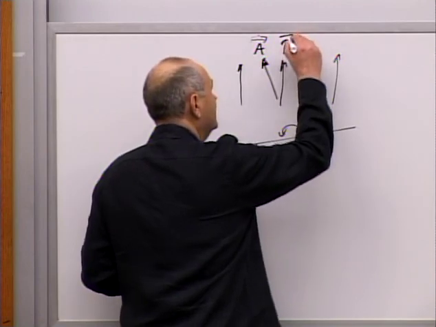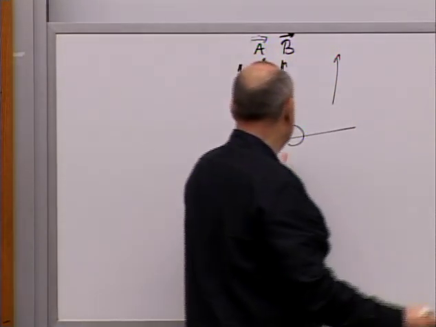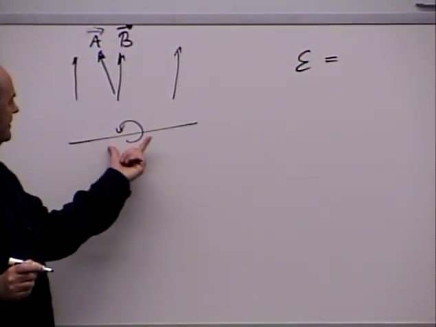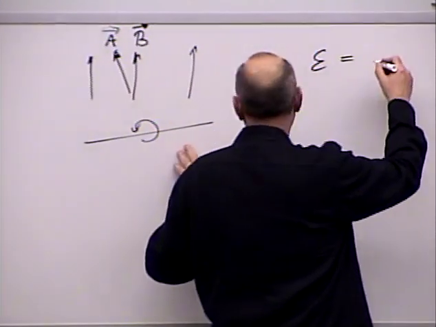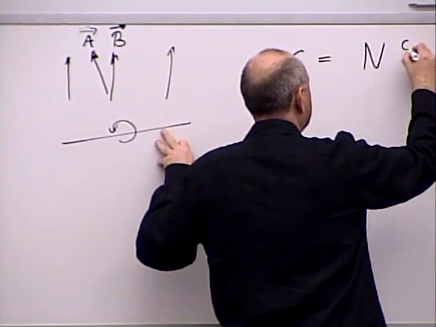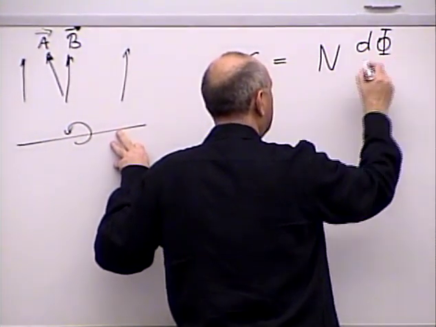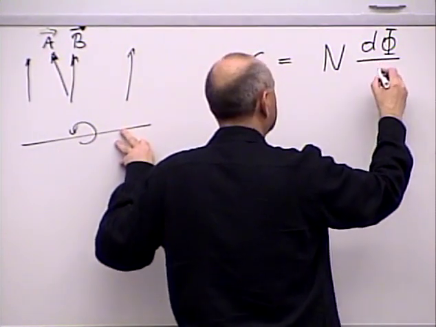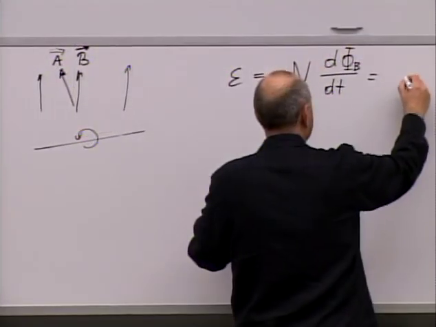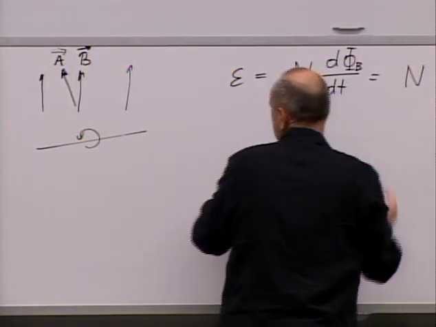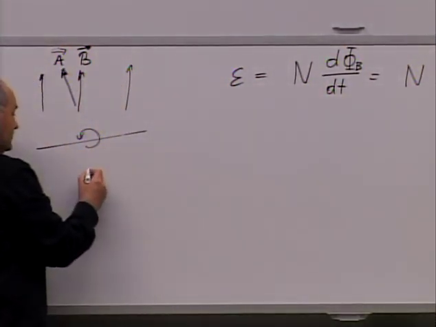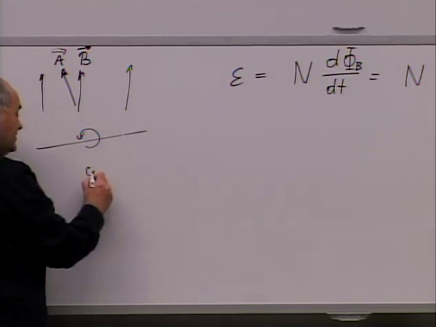Now this is the magnetic field. The electromotive force induced in this loop is going to be equal to the number of loops times the rate at which magnetic flux is varying with respect to time. All right, now let's say that the rotor rotates so that the magnitude of angular velocity is omega.